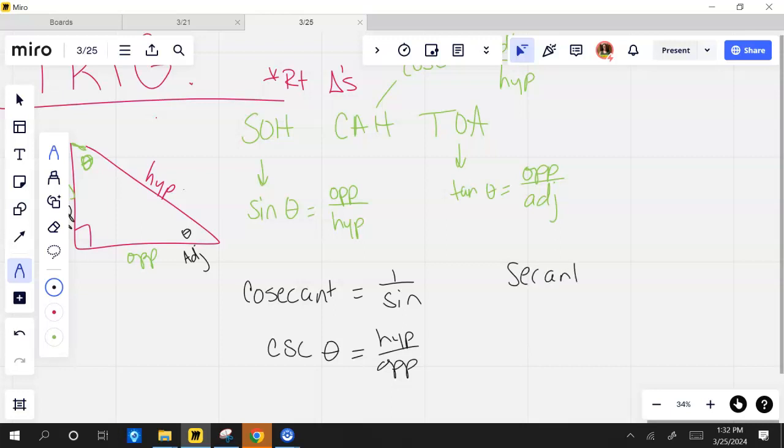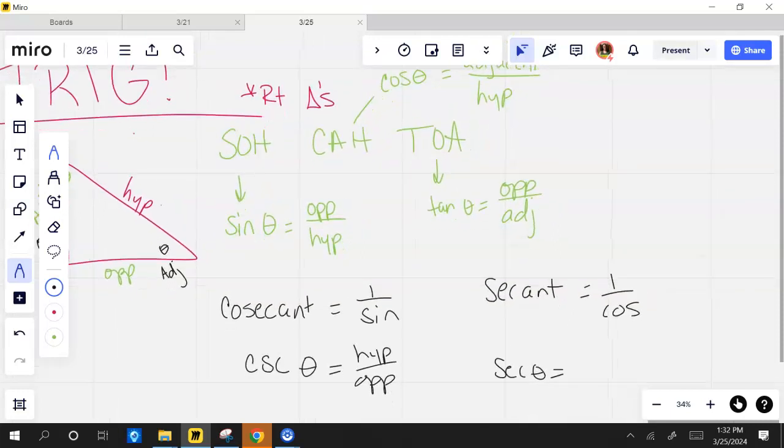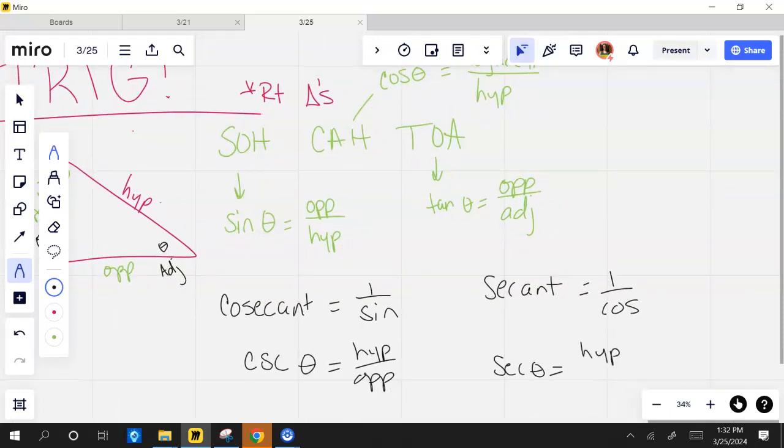Secant, and this is opposite what you think, because the C's don't go with the C's and the S's not the S's. But secant is the reciprocal of cosine, so the secant of theta would be, what do you think? Hypotenuse over adjacent.